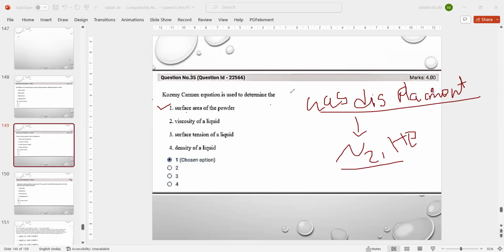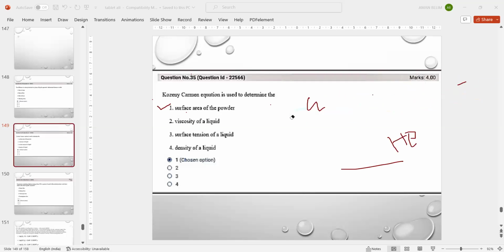And for granular density, we will use the mercury displacement method.